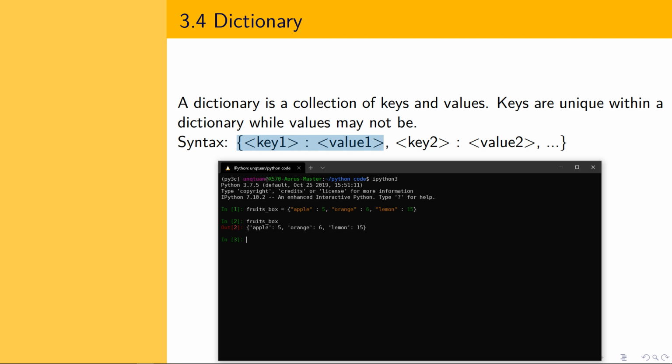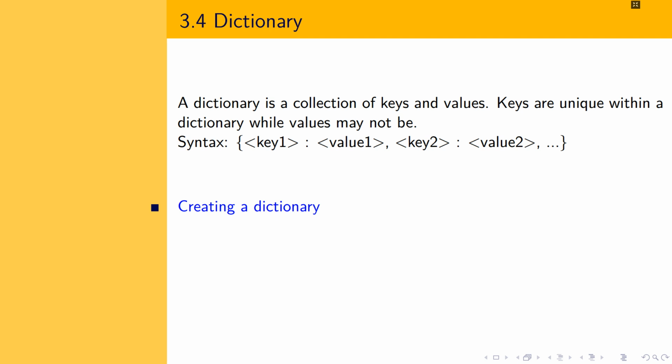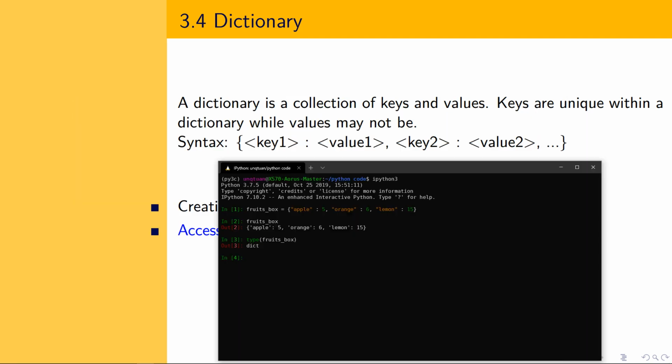So you can check the type of the fruit box. It's a dictionary. Okay, so the first thing you can do is create a dictionary, following the syntax, and the second is accessing the values in a dictionary. How do you do it?